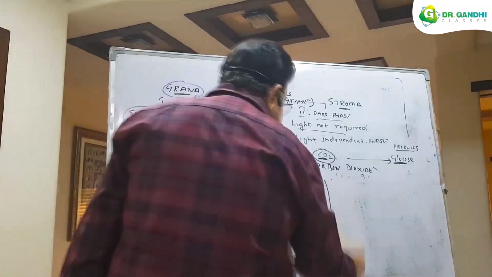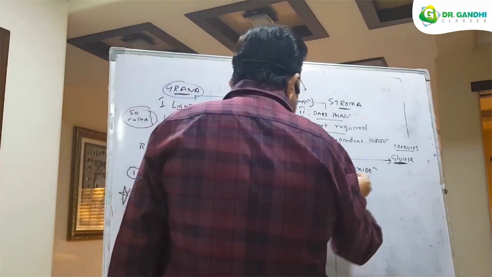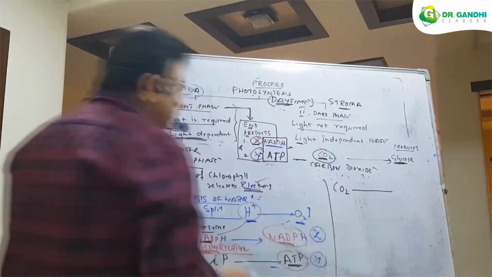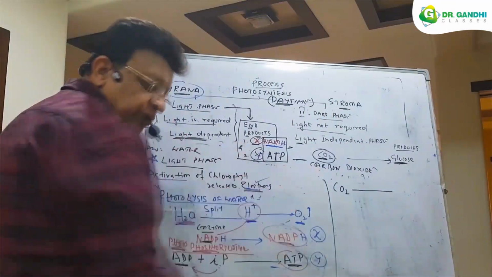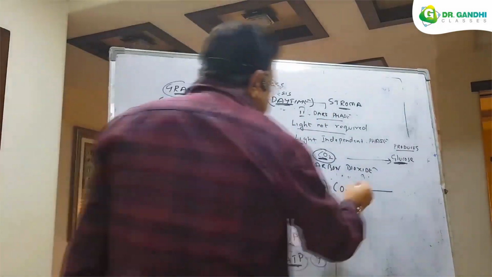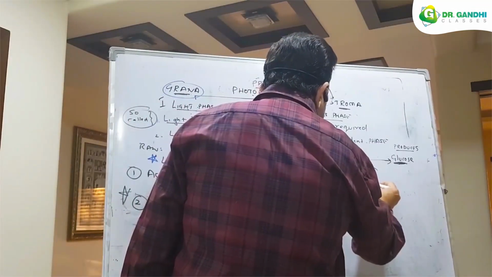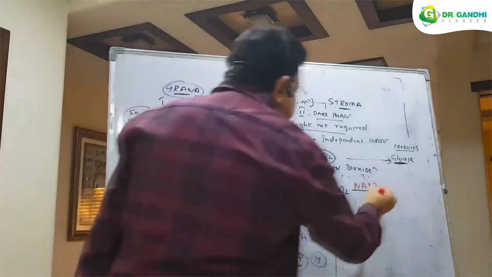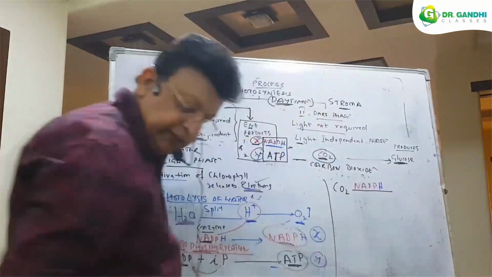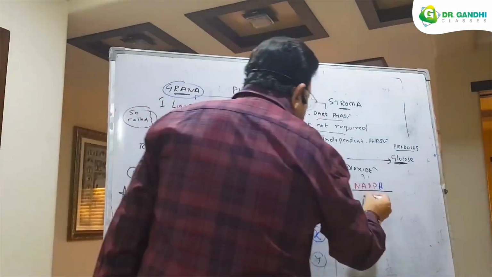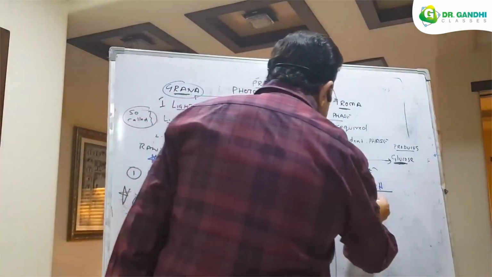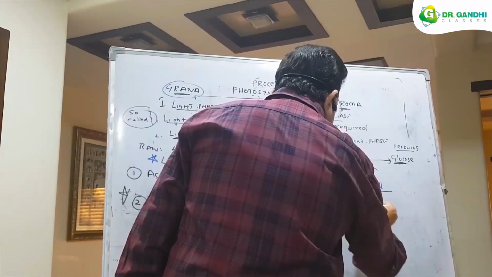Now it is very easy to understand. In the dark phase, I have got carbon dioxide. I now bring the two products of light phase into dark phase, the two products being NADPH and the other product being ATP. So the energy has come.